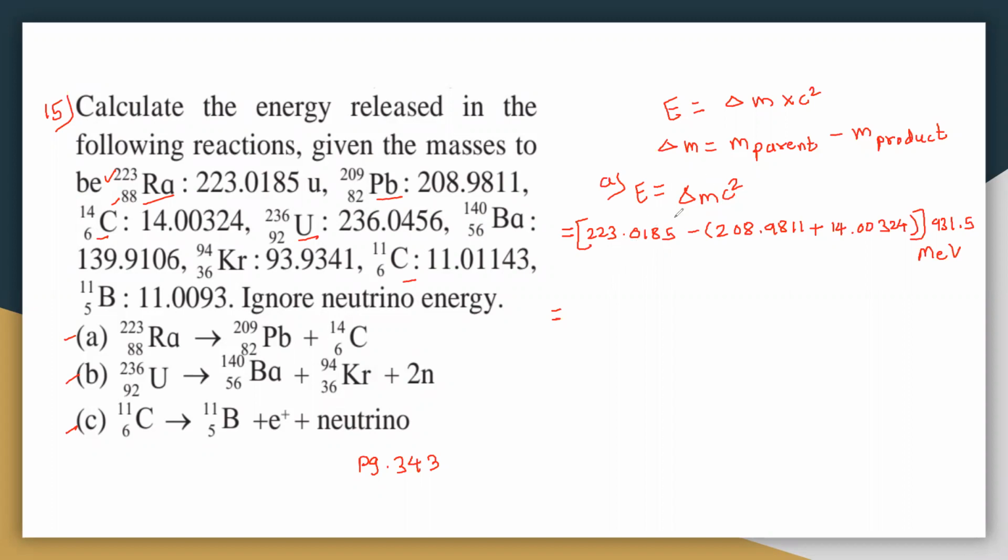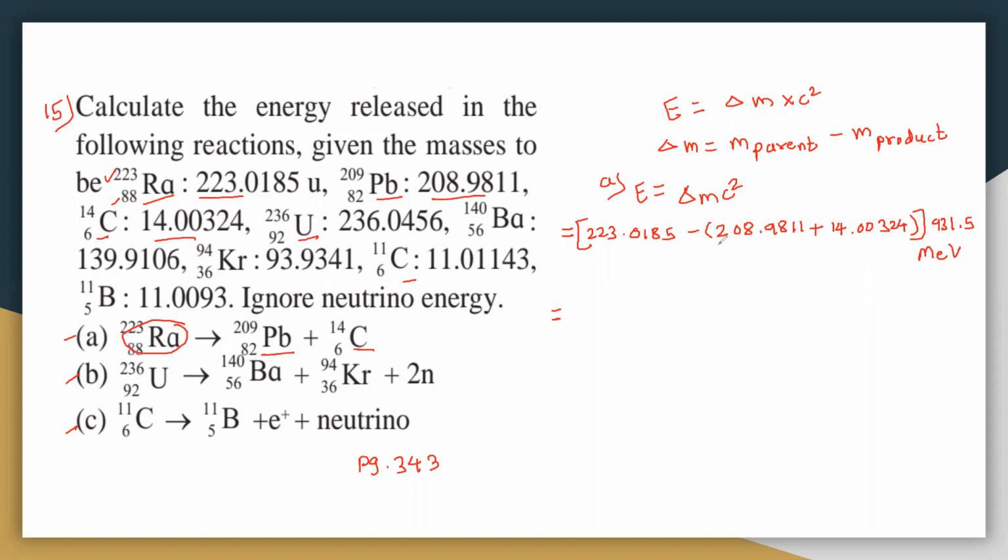As I told you, first mass of parent. Now here this radium is our parent atom. Its mass is given, 223.0185. So that's why I have written here mass of parent atom minus. Now mass of product. Product is here, this Pb and C. Its mass is given, which is 208.9811 and 19.0324.